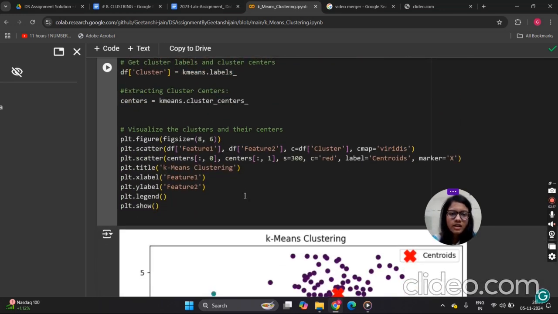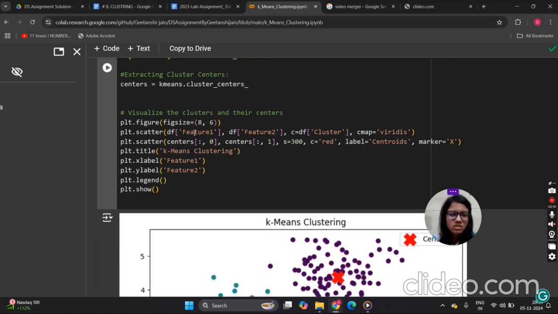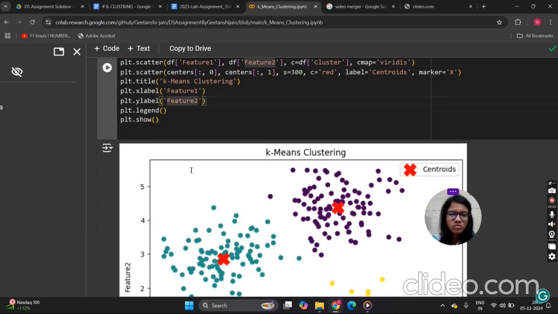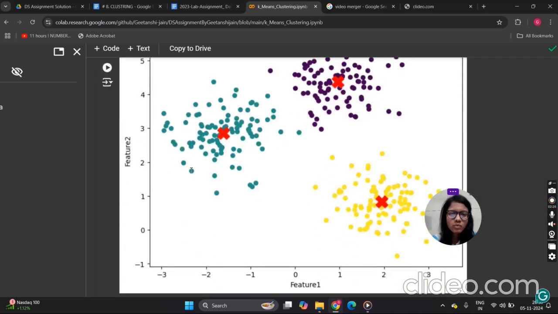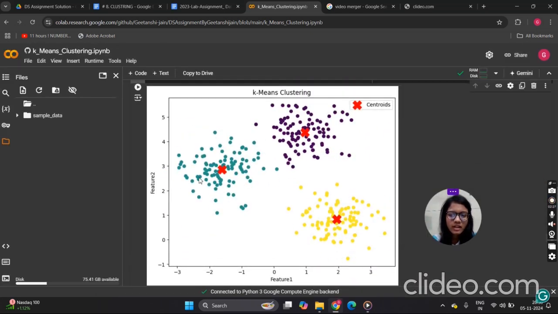Visualize the clusters and their centroids. This is the plot function and methods used here. So this is the output of our k-means clustering. I will explain this. These are all 3 centroids. Centroid 1 is here, centroid 2 here, and centroid 3 here. Centroid 1 value is between 1 and 3.